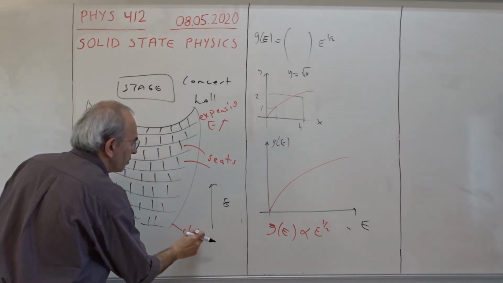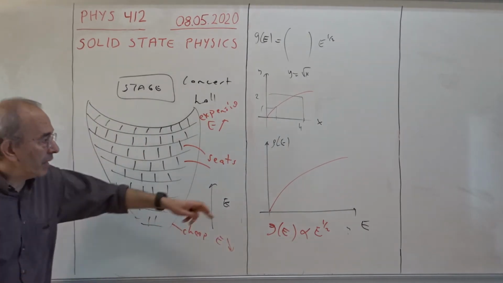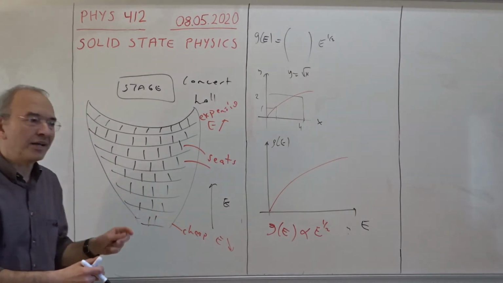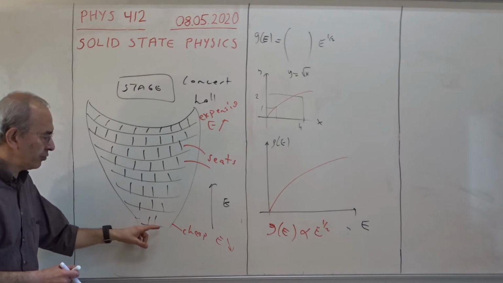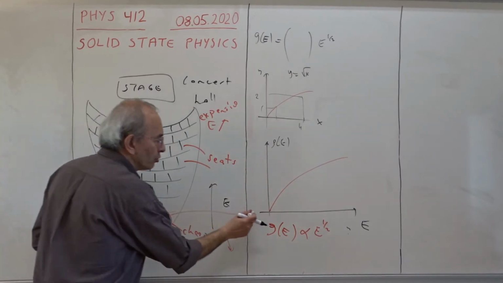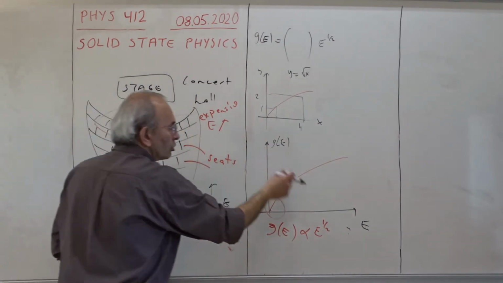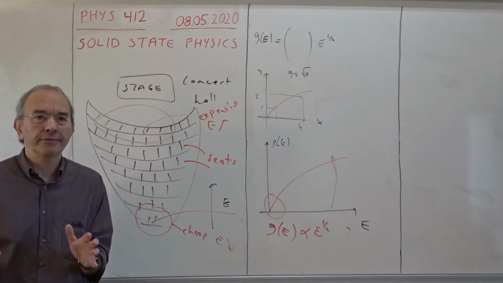These are cheap seats, which have low energies. According to this picture, I have drawn something in a similar way. So the number of seats for the cheap case is less, because these seats correspond to somewhere here, lower energies. But the expensive ones correspond to greater and greater energy values. This is one aspect of the story.